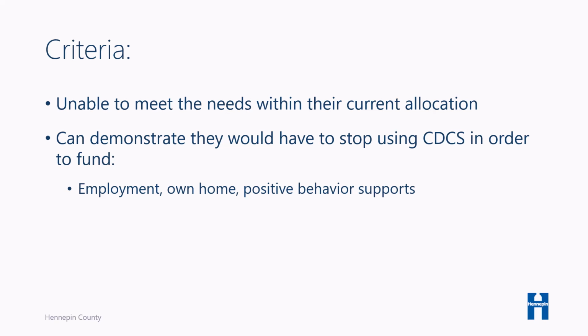If they show this and that there is not enough money for employment, behavior needs, or own home living needs to be supported so they will have to stop using CDCS, they can seek a 30% exception to the current allocation. This 30% can only be accessed once per span year, meaning you are not able to get an additional 30% budget increase for each category you need assistance in.